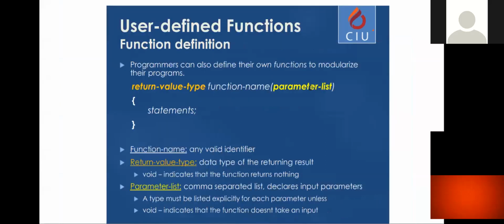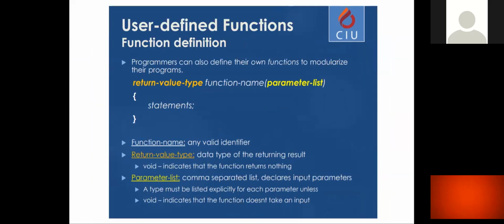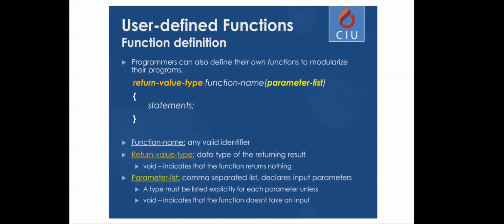Now, user-defined functions are very different from the predefined functions because in the predefined functions, what you were doing essentially was learning the structure of a specific function and using it. So as long as you know how many variables and what type of variables the function accepts, you can use any predefined functions.